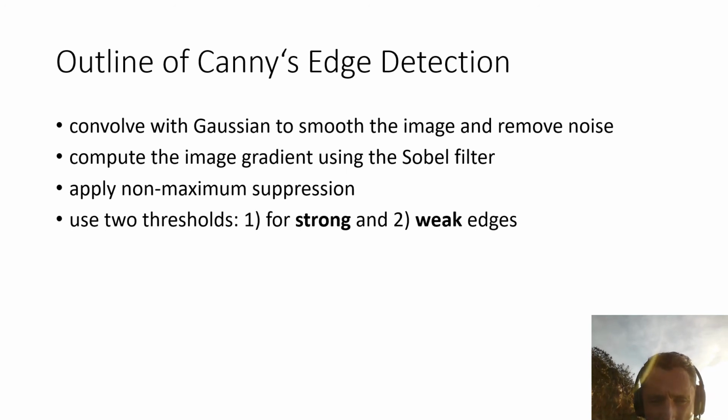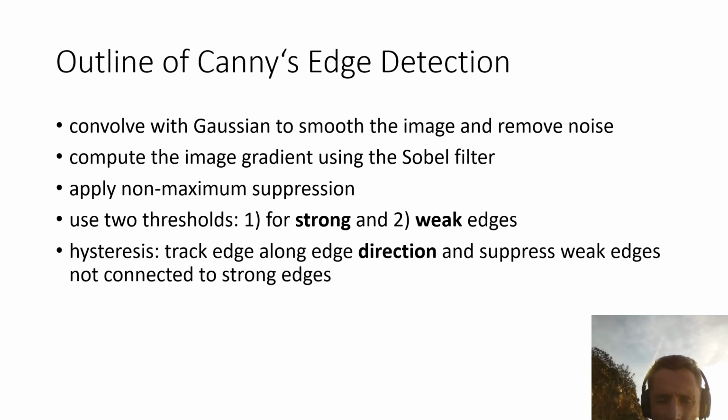We'll use 2 thresholds for defining strong edges and also weak edges, because we want edges to be contiguous, even through regions where the edge isn't as strong as in others. We call that process hysteresis. We'll track edges along their edge direction and suppress all those edges that are weak unless they're connected to strong edges. And we'll look at that exact process on the next slides.